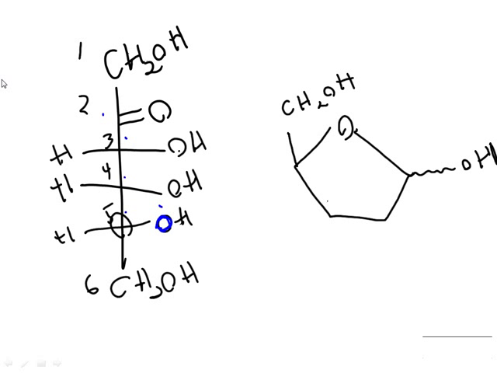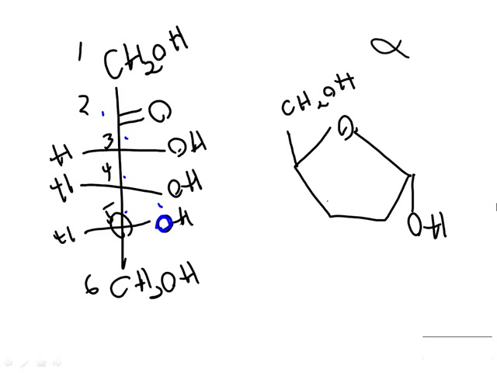So remember, alpha means that the two, so if this was an alpha form, then this would be going down. The things that we're talking about being opposite are the first OH group and the last carbon sticking up over here. So if it's an alpha form, then we have the OH going down.